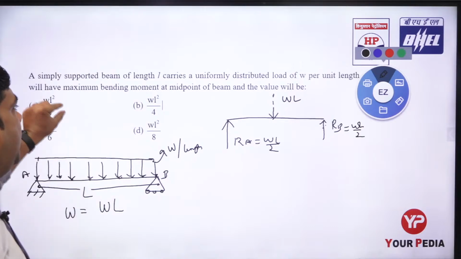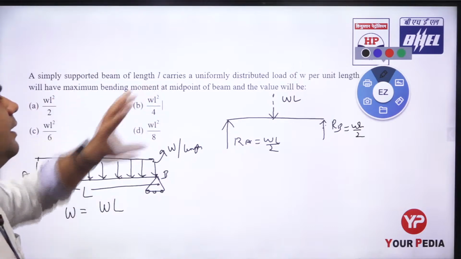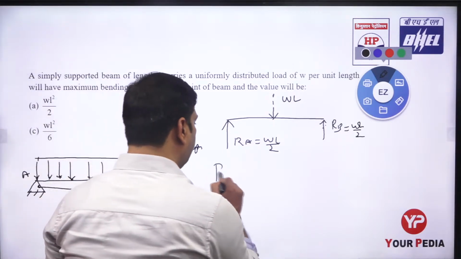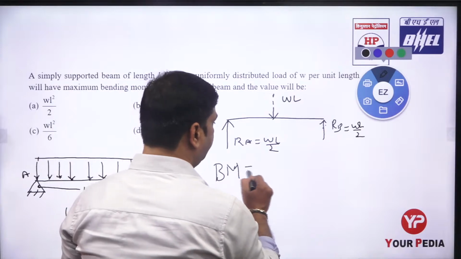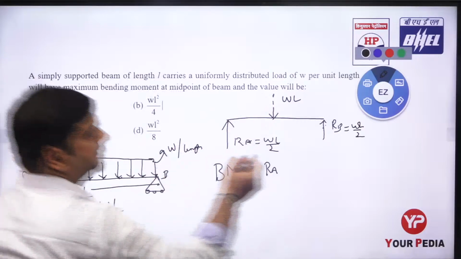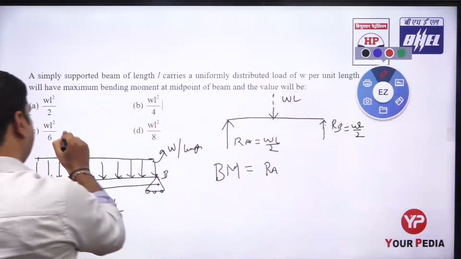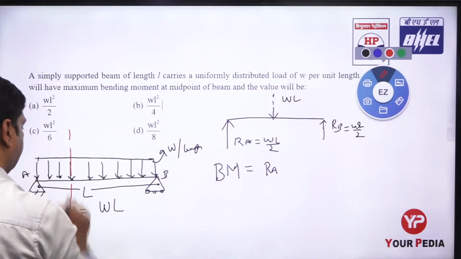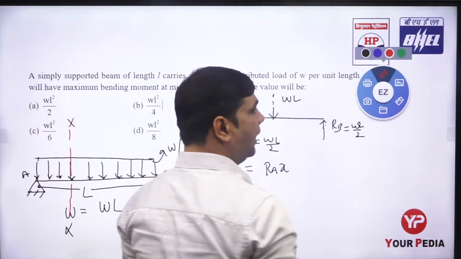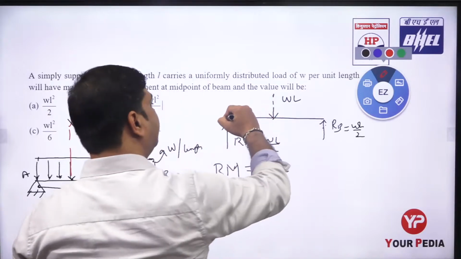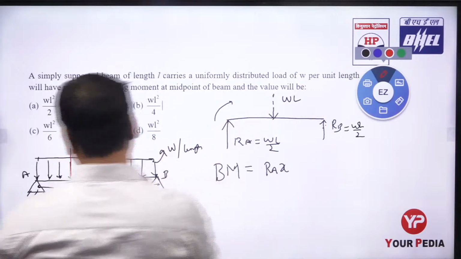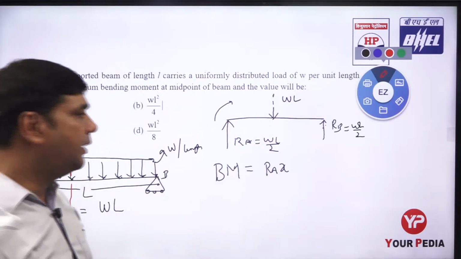So I have to find out the maximum bending moment at the midpoint of the section. So I'm writing the bending moment equation. The bending moment equals R A into X, let us assume this is a section X. So R A into X, this has a clockwise nature, and the UDL which I present here has an anti-clockwise nature.